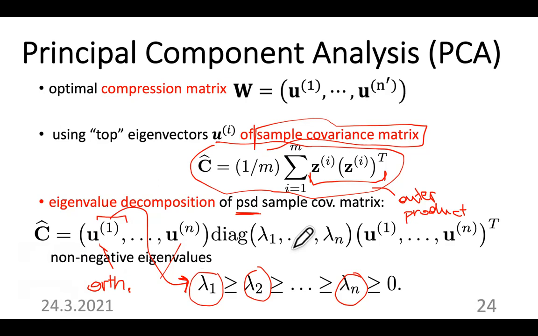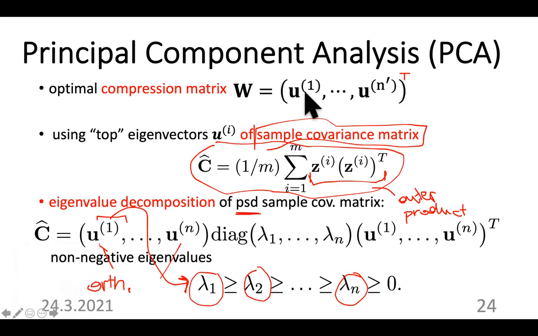And now the very cool result is that the rows of the optimal compression matrix are just the top eigenvectors of this sample covariance matrix. Here I forgot something. This is not correct. Here we need to transpose, I think. Yes, we need to transpose it. So we can build the optimal compression matrix.